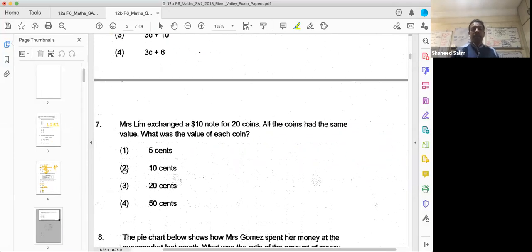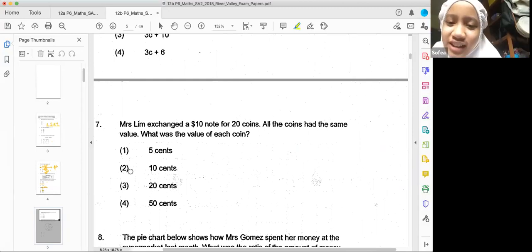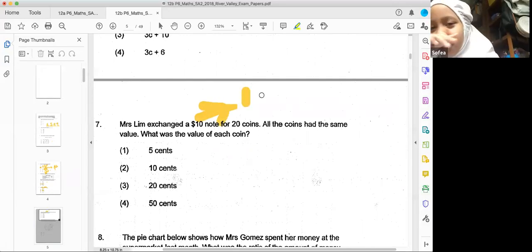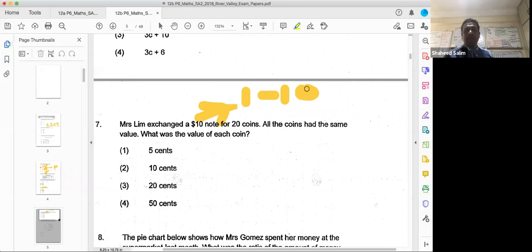Okay. Number 7. Wait, Mr. Shaheed. Yeah. Change it to cents lah. Never mind. $1 is 100 cents. $10 is how many cents?